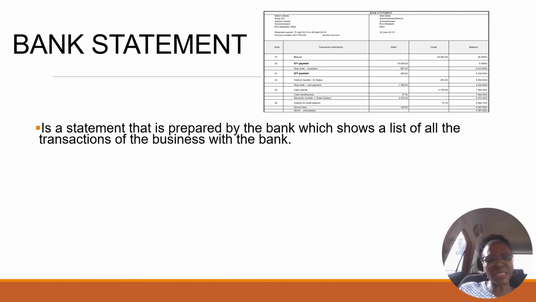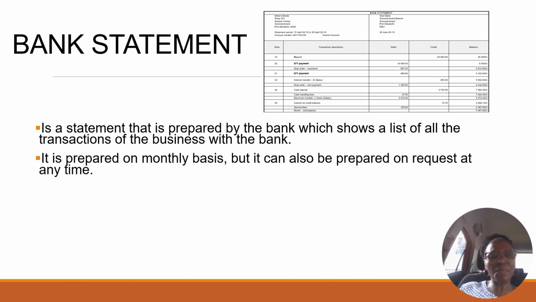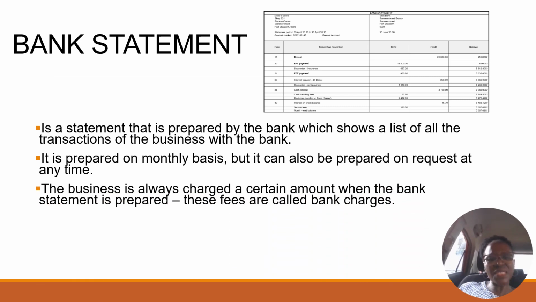The bank statement. It is a statement that is prepared by the bank which shows a list of all the transactions of the business with the bank. It is prepared on a monthly basis, but it can also be prepared on request at any time. The business is always charged a certain amount when the bank statement is prepared.